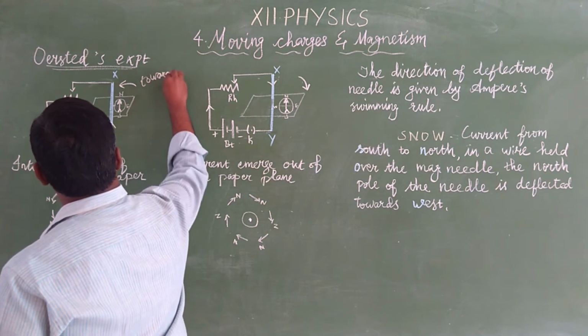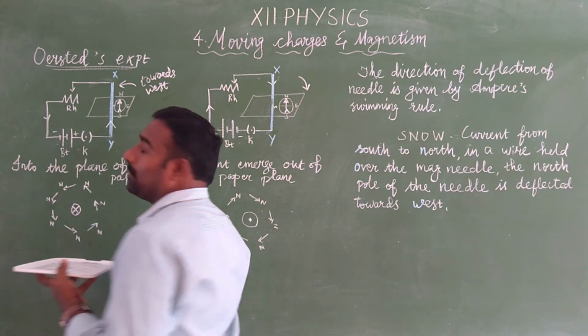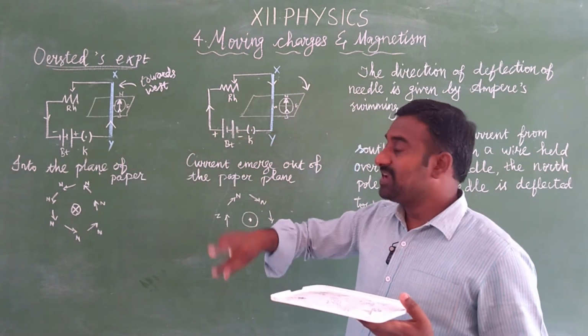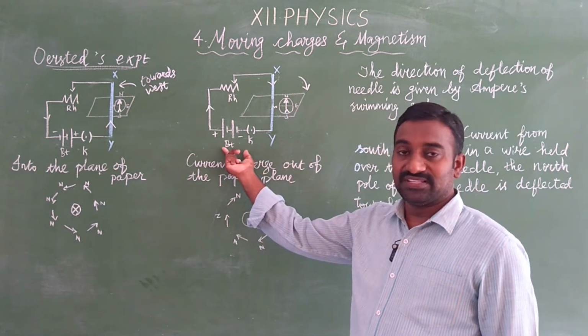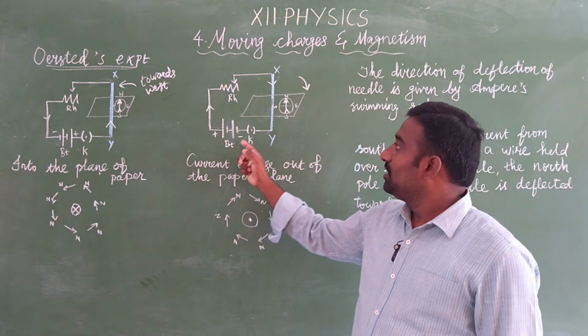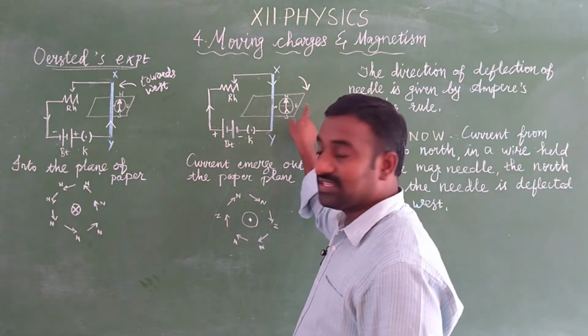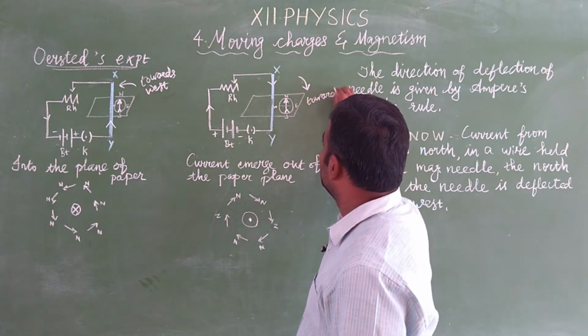After that, he repeated the experiment by changing the terminals of the battery, which means the current is reversed. Now the deflection is in the opposite direction, that is towards the east.